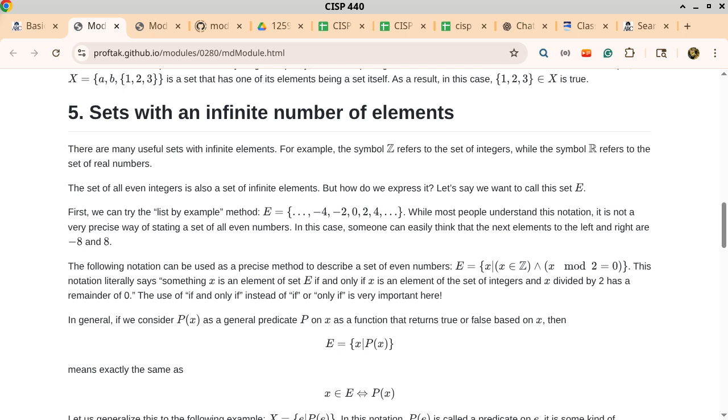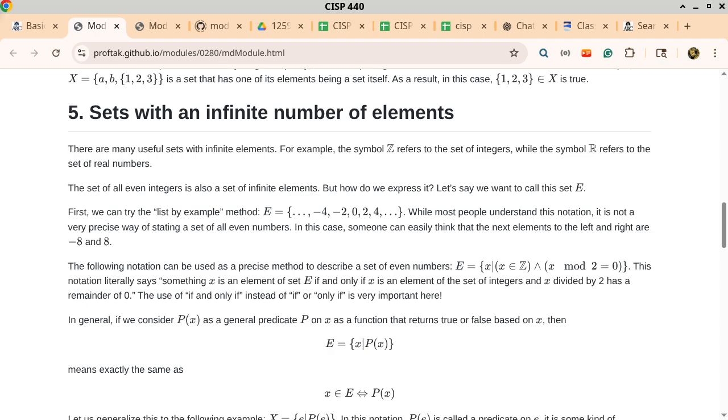But there will be instances, hopefully today, where implication is actually used. So this is just an example. E is just an example of, if I want to express a set of all even numbers, this is how we do it. The general format, if you abstract it, is something like this, where P is a predicate.